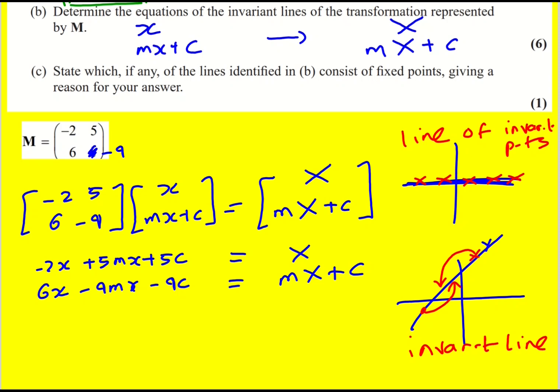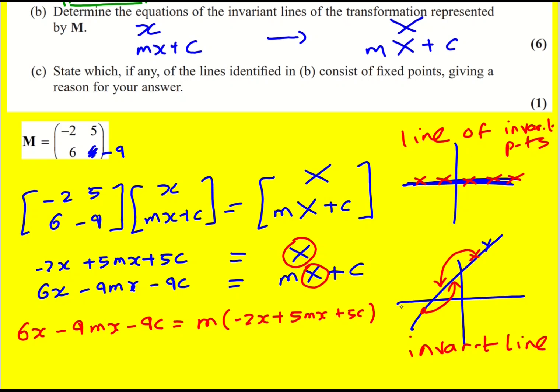And then I can substitute, I can replace this x by this x here to get rid of one of the unknowns. Therefore, 6x minus 9mx minus 9c is going to equal m multiplied by minus 2x plus 5mx plus 5c, and then I'm adding c on.